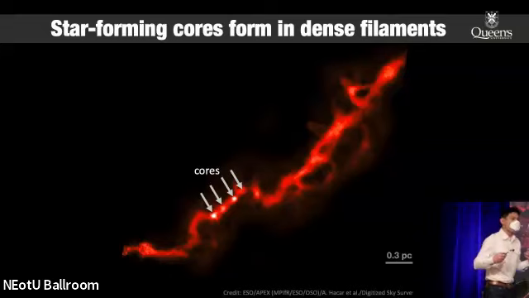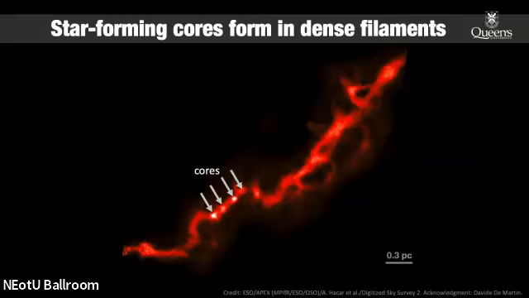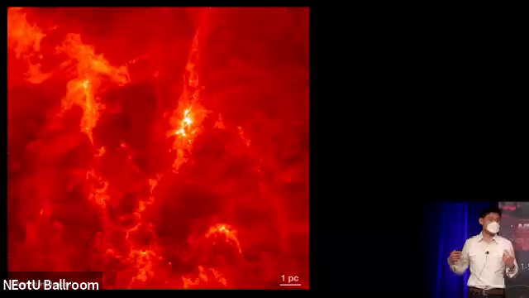If we take a step back, we realize that molecular clouds are actually highly hierarchical. These dense cores tend to be embedded in filamentary structures, and they're not found in isolation. If you zoom out a bit further, you realize that these structures live in molecular clouds, and molecular clouds are ubiquitously filled with filamentary structures.